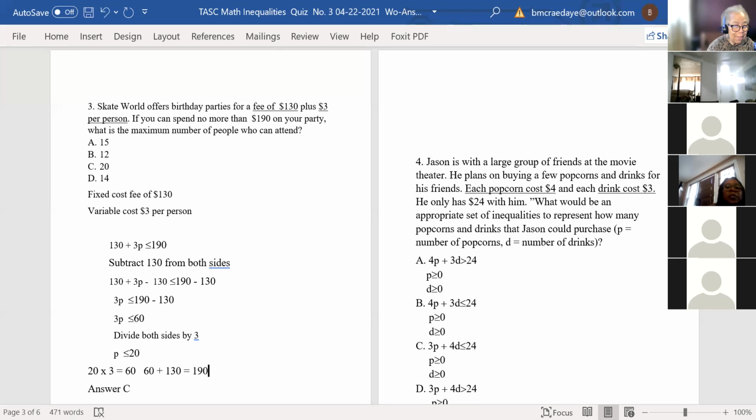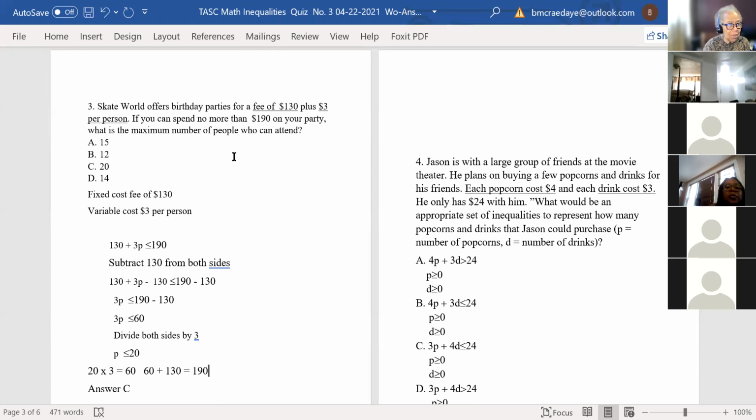You got it? So that's how you can check it. You can see if that 20 is right. You can also put in 15 and you'd get a different answer, right? Then suppose the fixed budget was just 130 plus the 3.